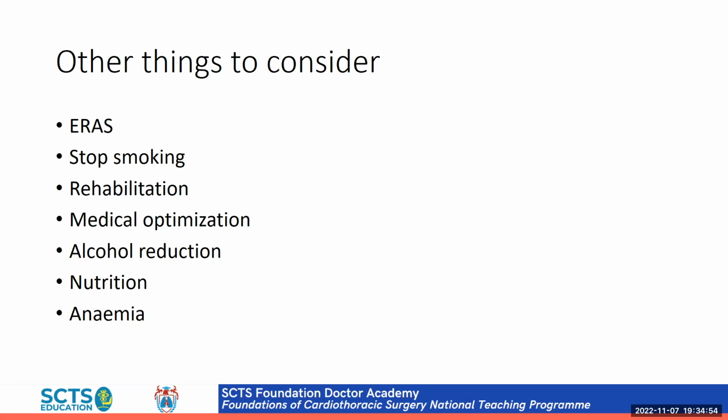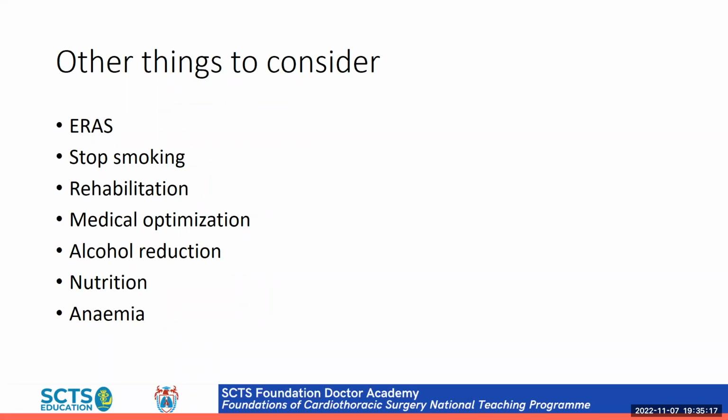Alcohol reduction and stopping, especially those patients who are on high doses of alcohol, because it can predict post-operative complications, delirium, need for ITU. Sometimes they are not cooperative, they might not be coughing properly. So there are chances of developing problems here, and you might need to do some form of detoxification for them.